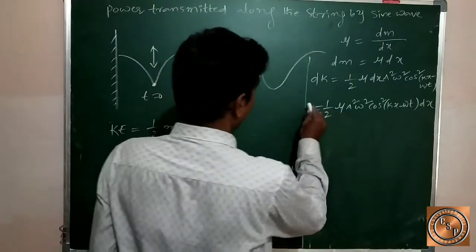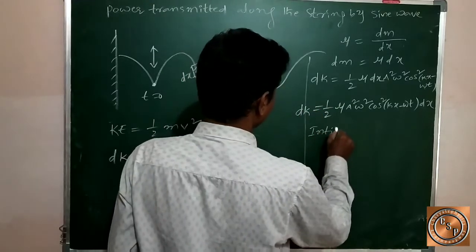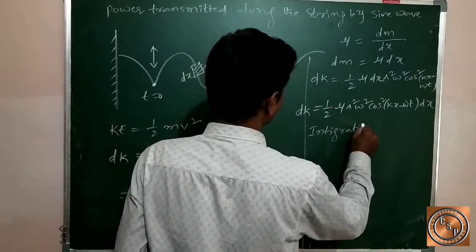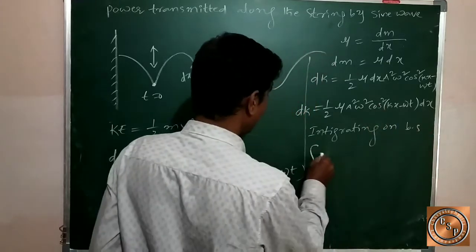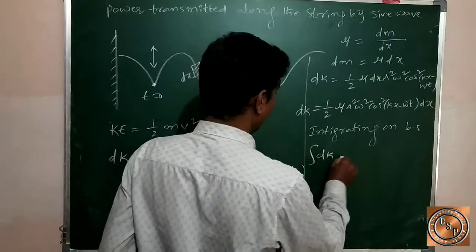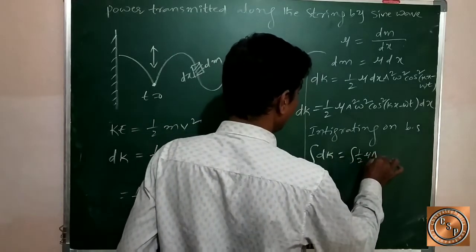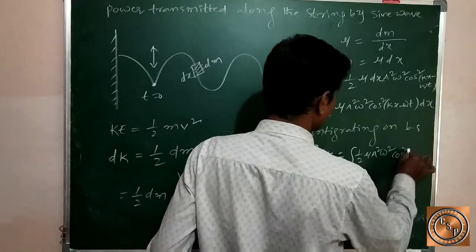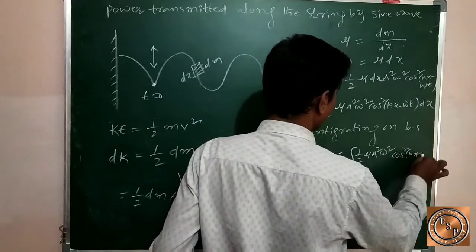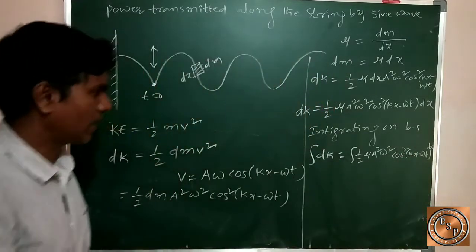Now integrating dK on both sides, integration dK equal to integration of half mu a square omega square cos square(kx minus omega t) dx. I have written like this.